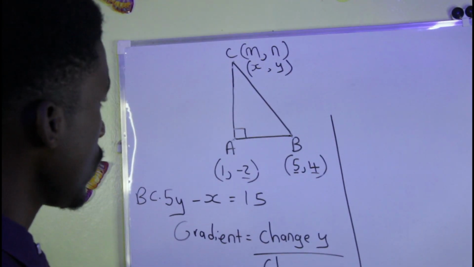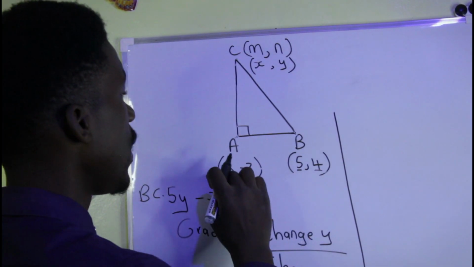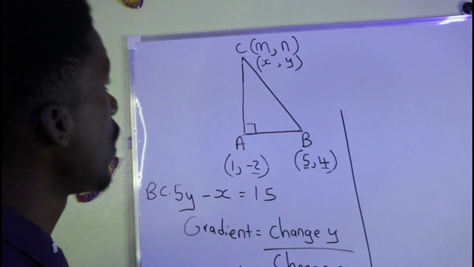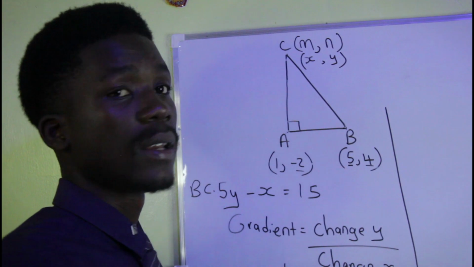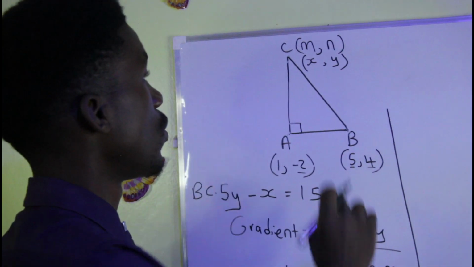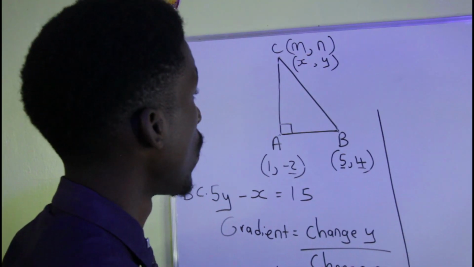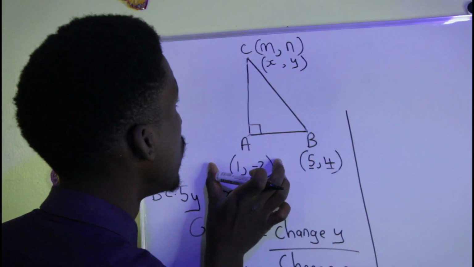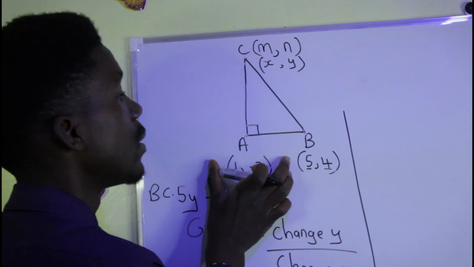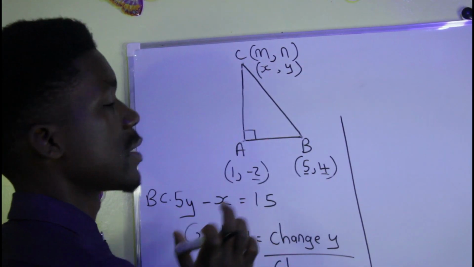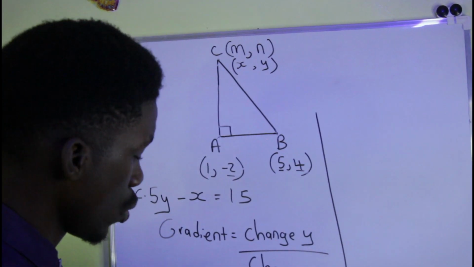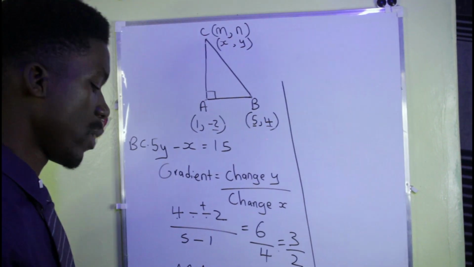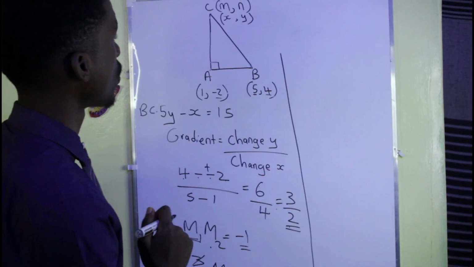In this case, we have A with coordinates (1, -2), and C, whose coordinates are unknown, which is (x, y). So the change in y to the change in x should be equal to our gradient. I believe we are together, and so we will proceed.